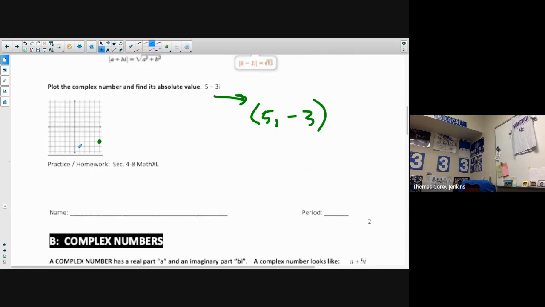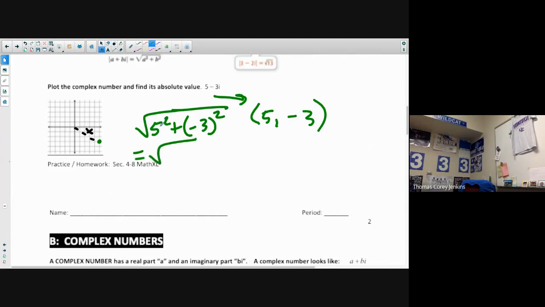All right, so 5, -3, and then its absolute value. So what does that mean? That just means its distance from the origin. So basically, we're finding the distance of this. And for that, we just use the distance formula. So that would be the square root of 5 squared plus negative 3 squared, or you could just do 3 squared.